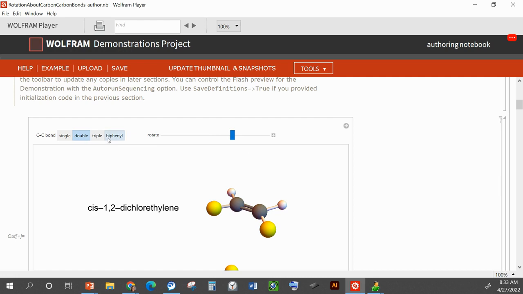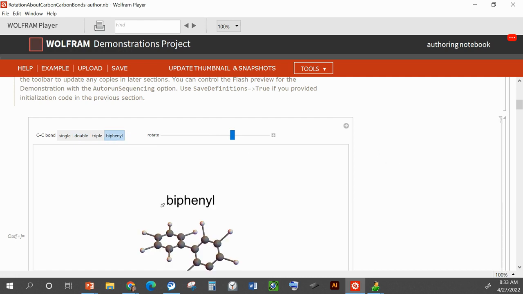And the last one I want to look at is this molecule called biphenyl. So we have two phenyl rings, and they're connected by a single bond here. This carbon, single bond into this carbon. Anytime I introduce a ring, that is also introducing a rigid structure. So if I look at this hydrogen adjacent to this hydrogen, these are both in a ring.